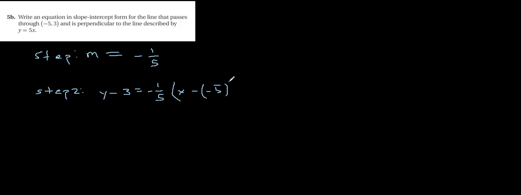Now let's simplify this a little bit and keep moving on. So y - 3 equals -1/5 times x, and minus a negative will actually be a plus, so plus 5.